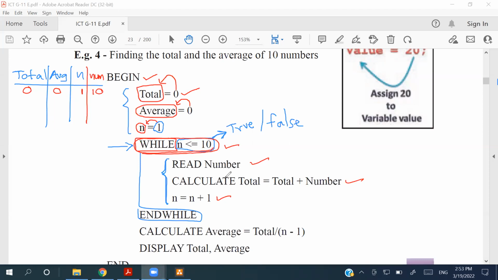Total is set to 0, average is set to 0, n is set to 1, and they are checking whether n is less than or equal to 10. It is true because n's value is 1, so it is less than 10. If it is true, they are going to do this particular step.